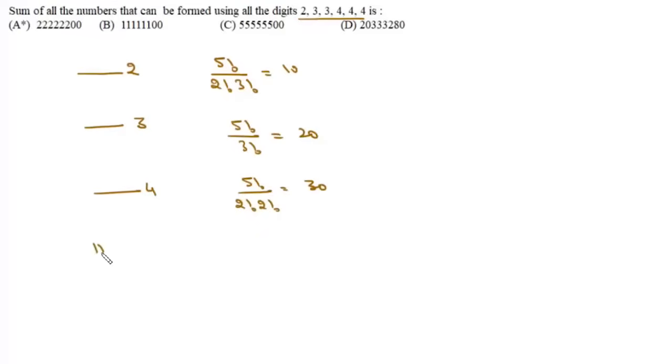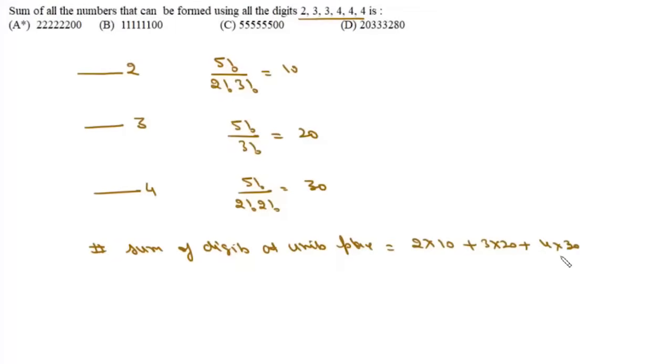So we find the sum of digits at units place will be 2 into 10 plus 3 into 20 plus 4 into 30, and it will be 20 plus 60 plus 120, and that is nothing but 200. Now using symmetry we can say the sum of digits in units place is equal to the sum of digits in tens place, hundreds place.